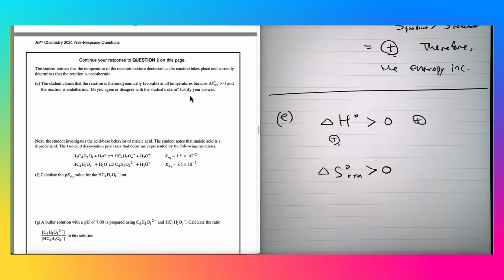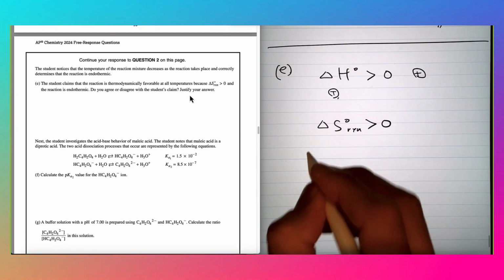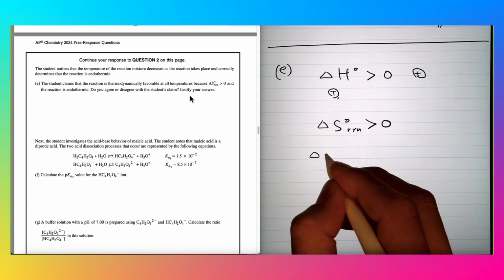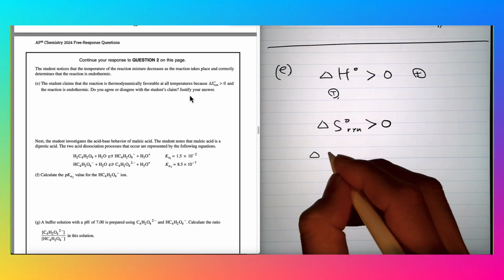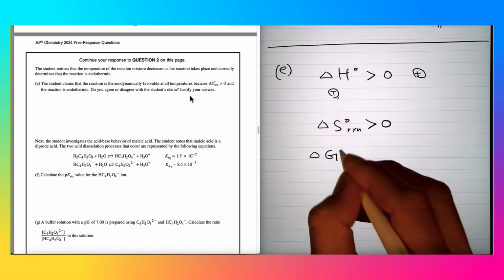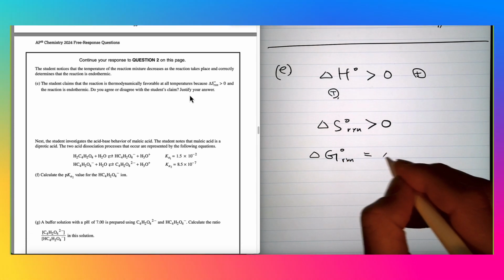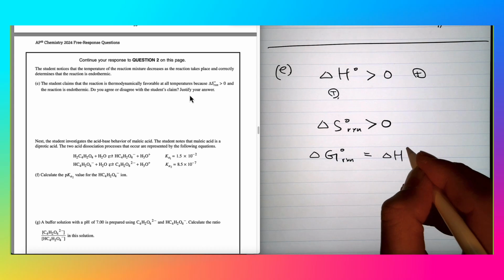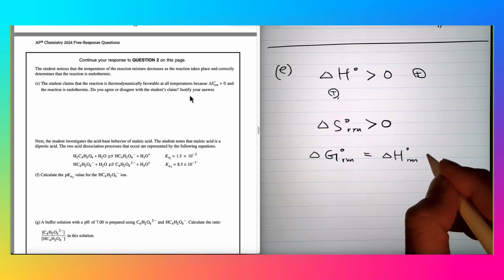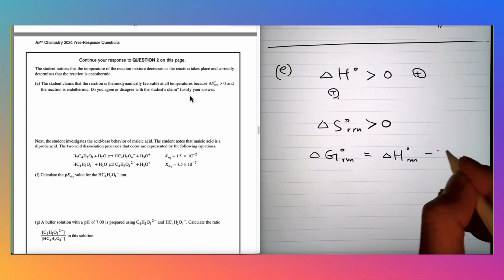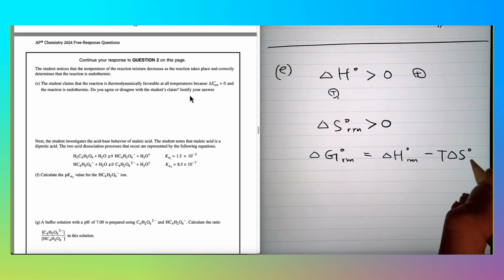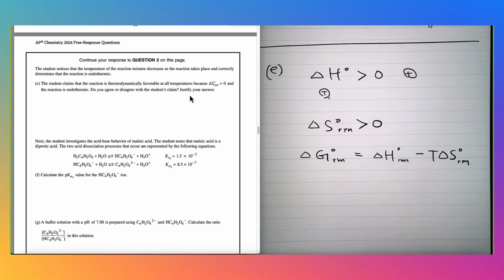Okay, for us to determine this, you need to pull out the Gibbs free energy in terms of the enthalpy, entropy, and the absolute temperature. So delta G naught of reaction is delta H naught of reaction minus T delta S naught of reaction.